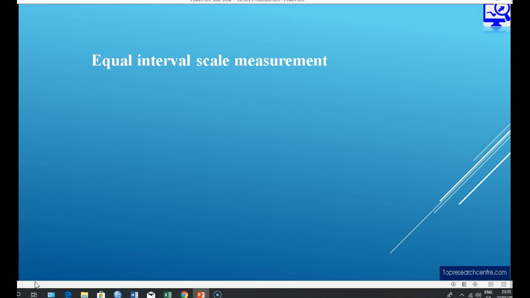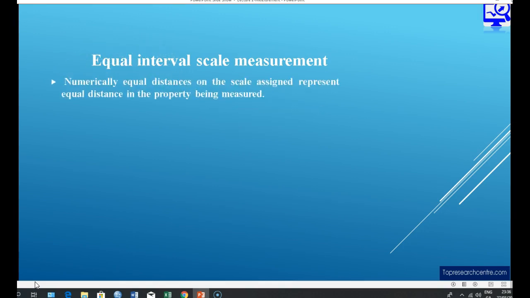In this case, you find that the numeric scale provided can help us to know both the order and the exact difference between the values. So there is numerically equal distance on the scale assigned. And this represents equal distance in the property being measured.